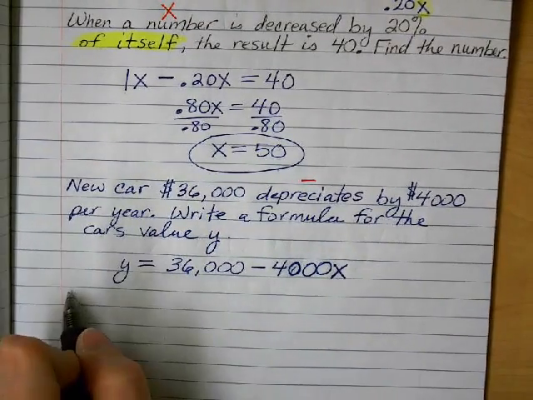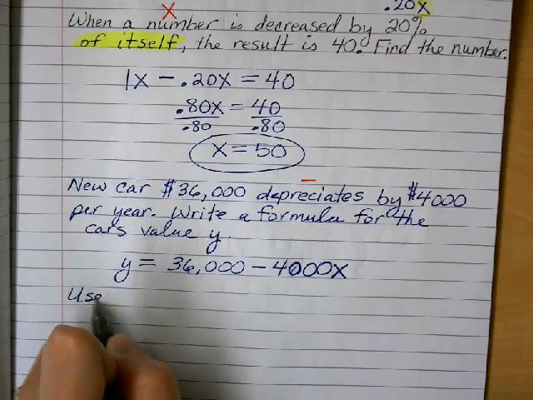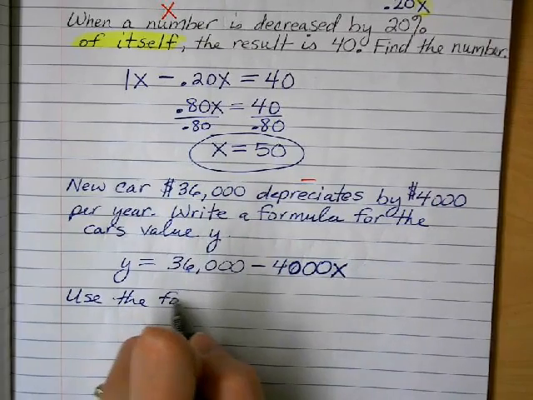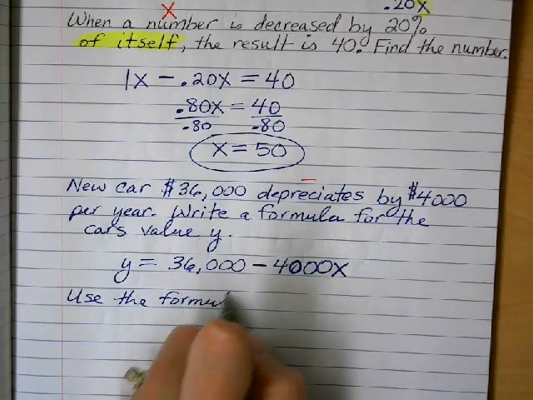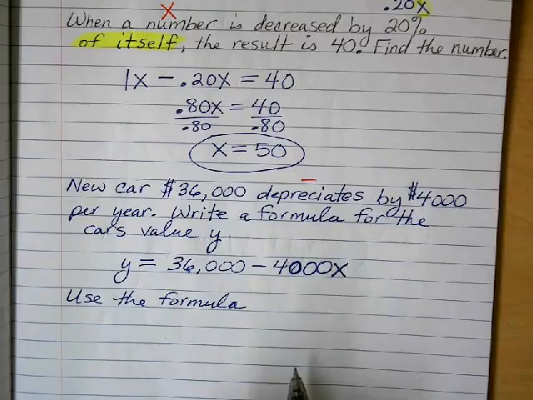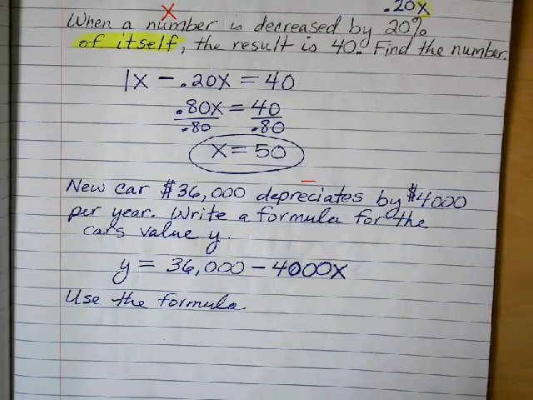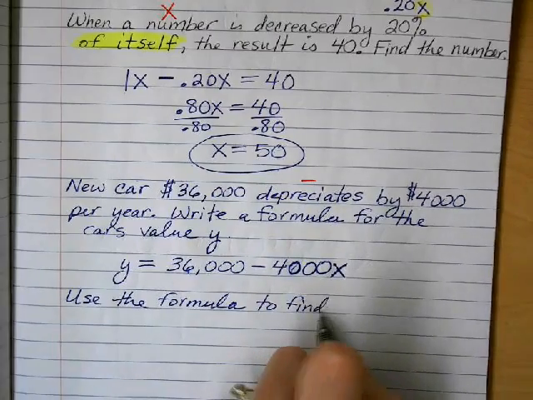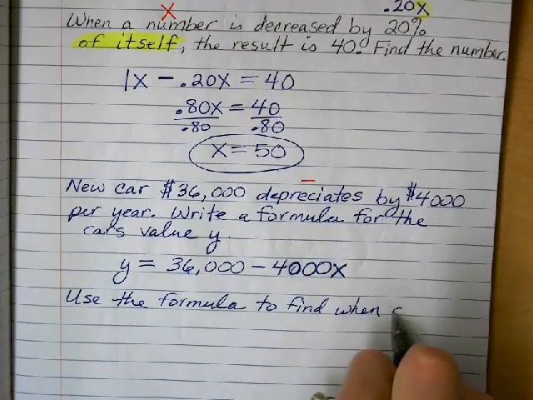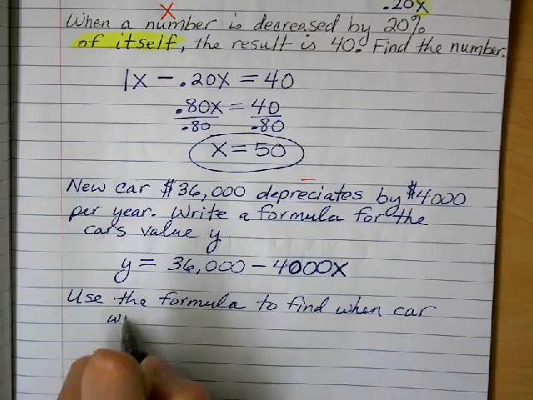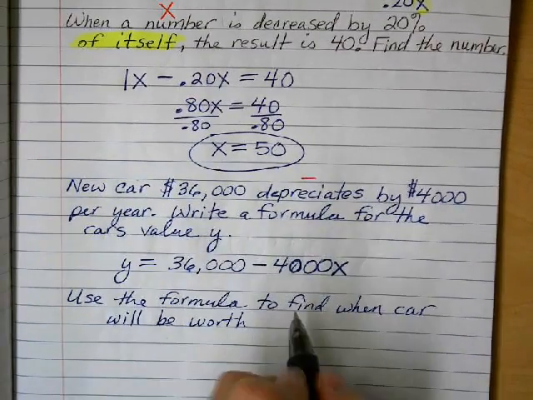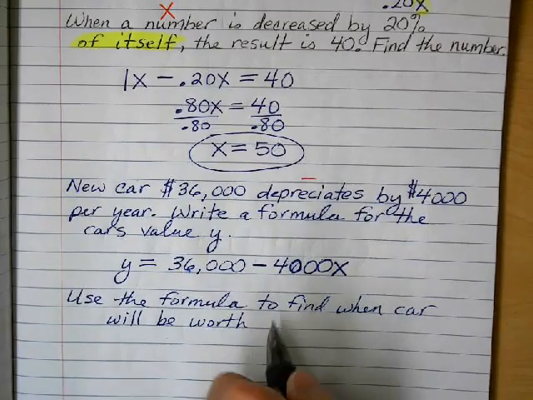How about could you then use the formula? Like there'll be part B. Now use the formula you have to find when the car will be worth, let's say, 16,000.